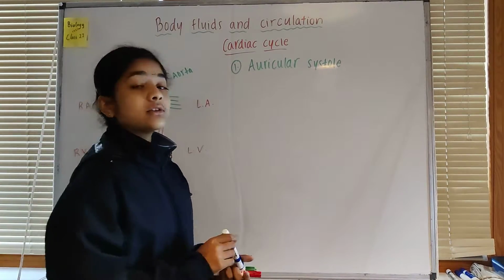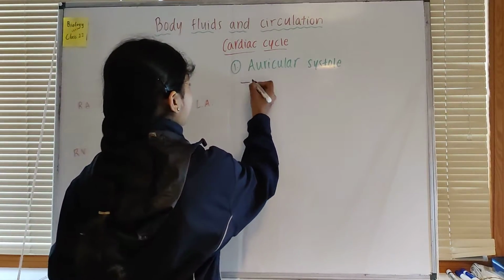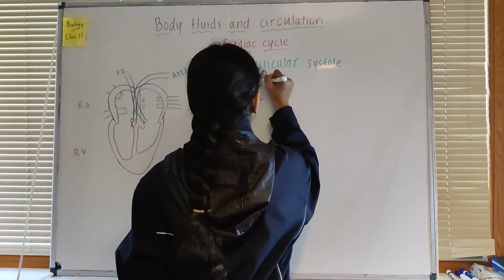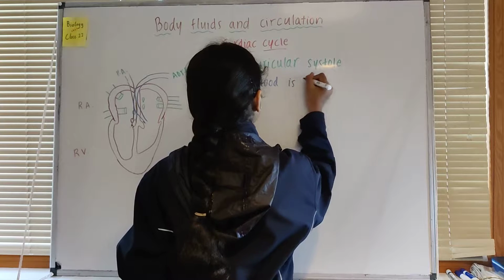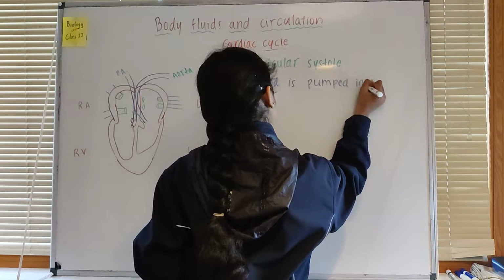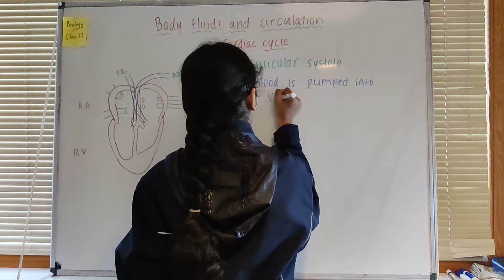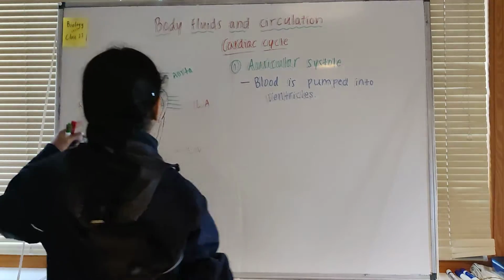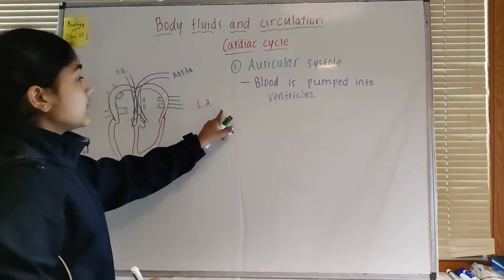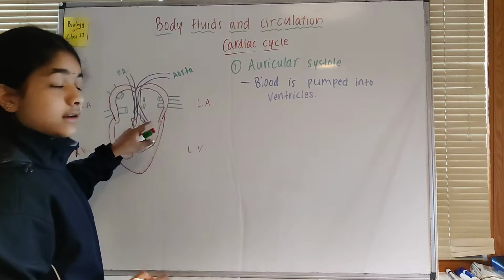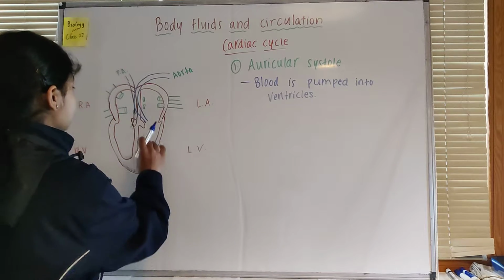In the first step, auricular systole, the blood is pumped into the ventricles. So from the auricles, it is pumped into the ventricles. These are the ventricles.